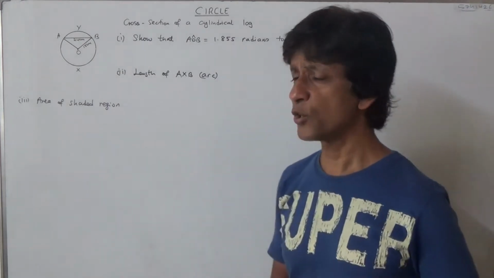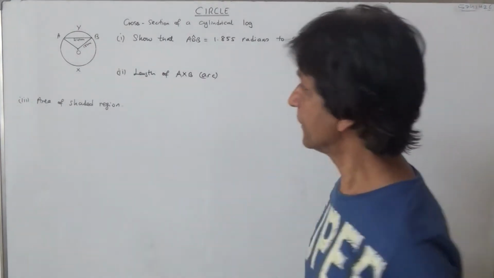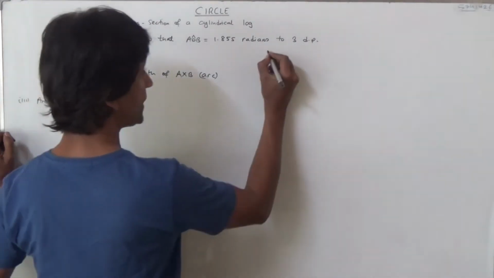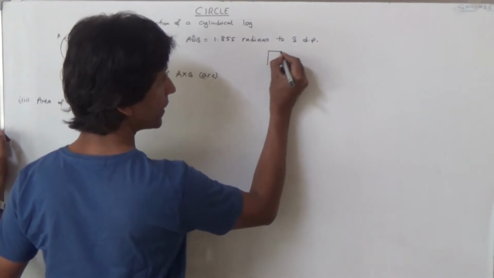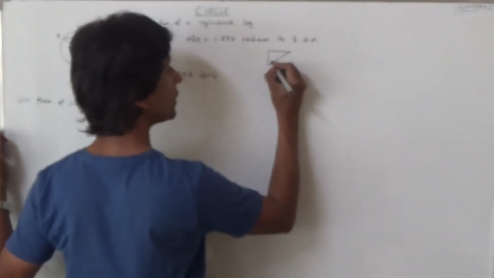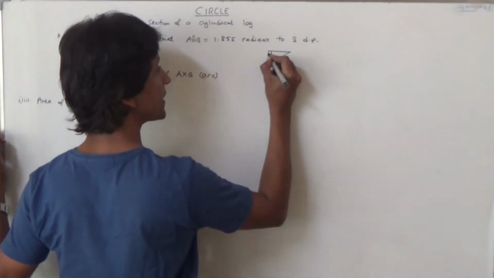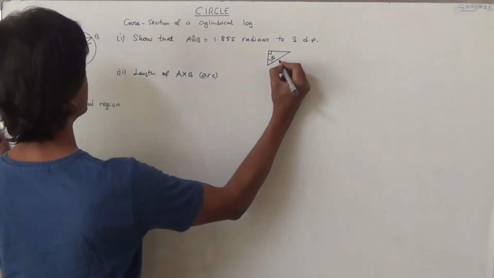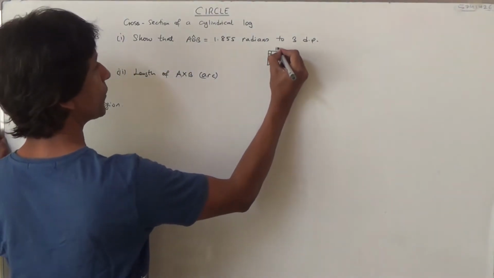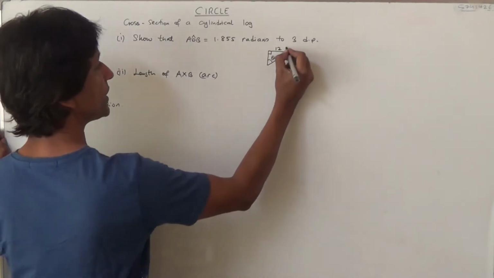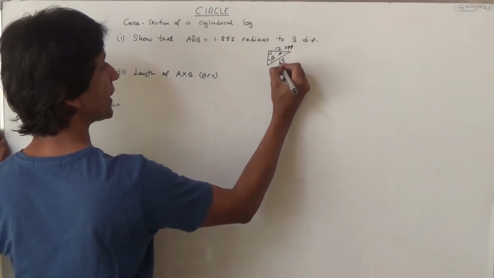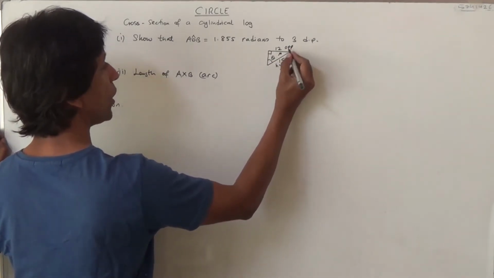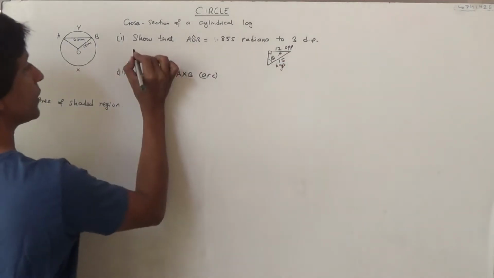The first thing you can do, you can remove this triangle there, and let's take half of it. Half of the triangle, let me call this theta, and this is 90 degrees. That's going to be equal to 15, and here we've got 12. So this is the opposite side, and this is the hypotenuse. Opposite and hypotenuse, we're going to use sine.